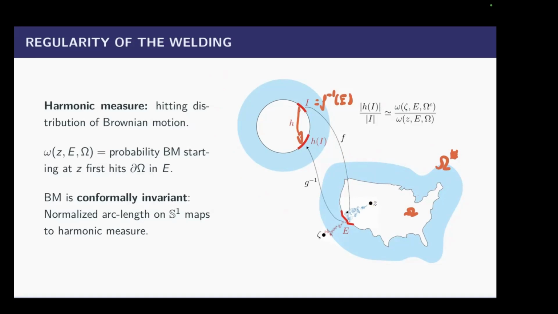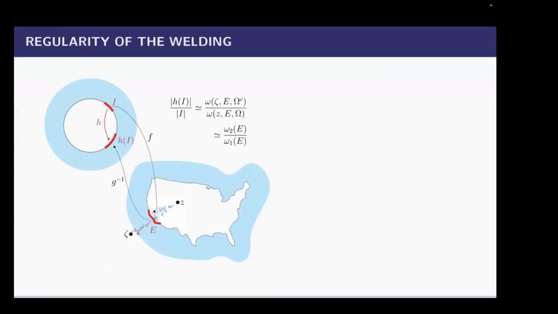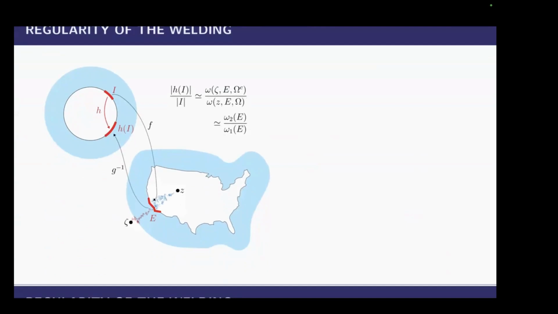And well, you know that harmonic measure is a harmonic function, so the base point does not really matter since by Harnack's inequality they will be comparable. So we just simply write h of I divided by I as the quotient between harmonic measure from outside and inside without regarding the specific base point.